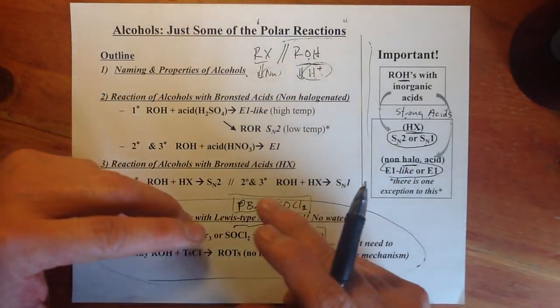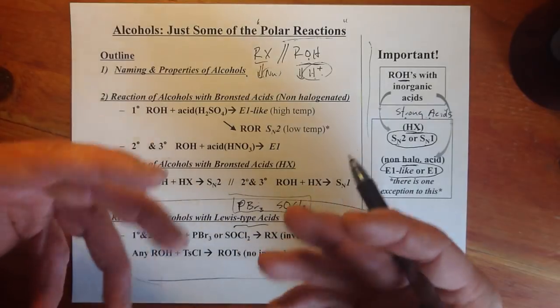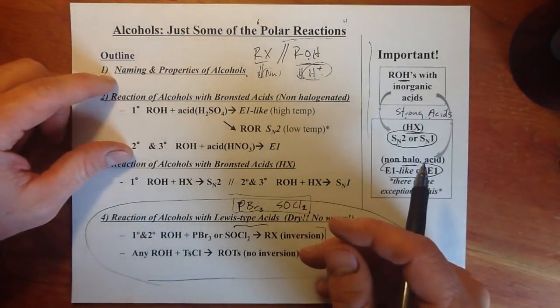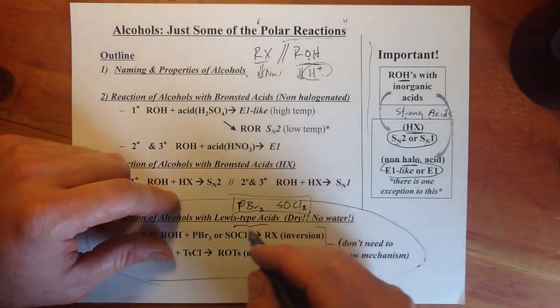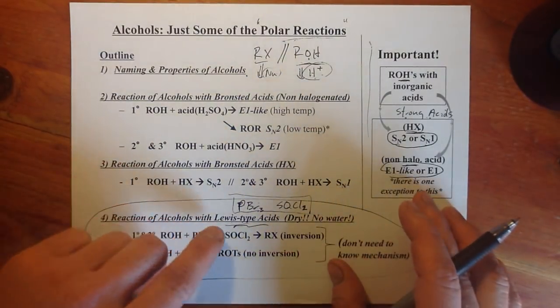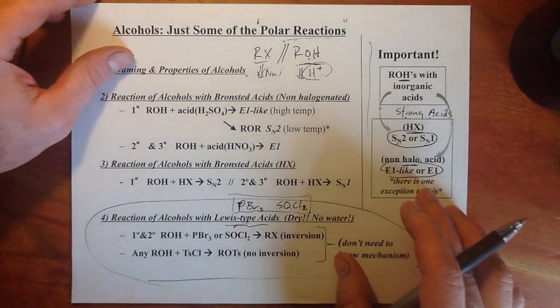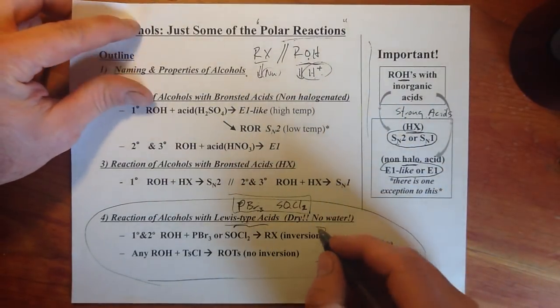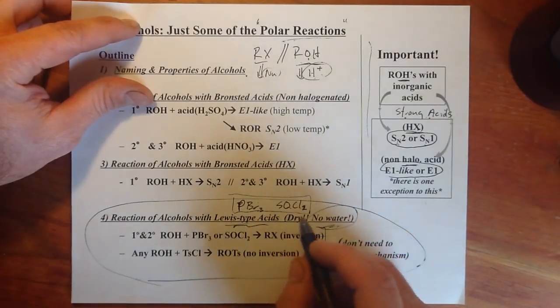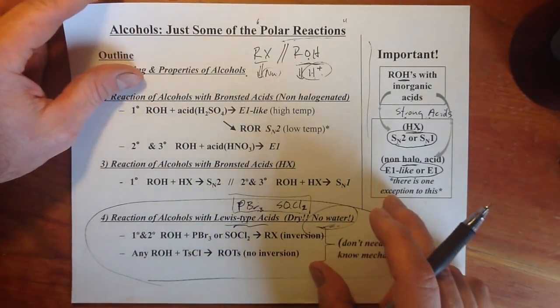Remember, the Lewis definition is the acid accepts the lone pair and the base donates the lone pair, but we don't have a proton transfer. So these are going to be Lewis type acids that we'll look at the reactivity of when we mix them with alcohols. And there's going to have to be no water present. Very important. It's going to change some of the dynamics as far as products that are formed.